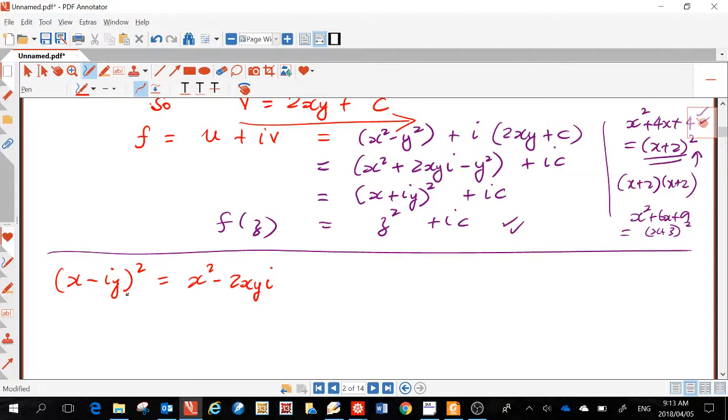And then squaring the last term, it will be i squared. 2 squared is 4; squaring this term, it will be i squared. What is i squared? Minus 1. So it will be minus y squared. So when you see this in future, your insights will be sharpened to know that, hey, I've seen that. It's actually x minus iy also.